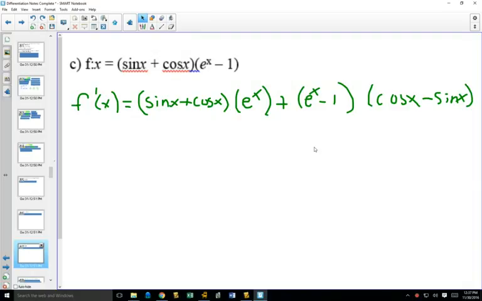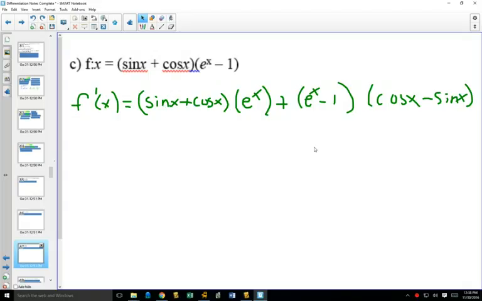All right. So again, it ends up taking a lot of space. And it wasn't that hard, but it looks complicated. It looks sophisticated. Well, this is the slope of every single tangent line to that graph.